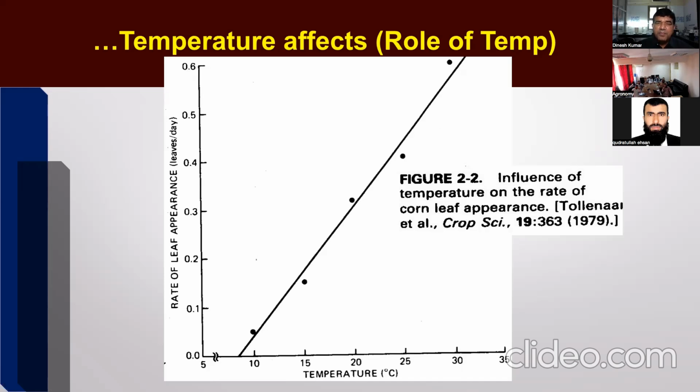So maize prefers relatively higher temperature. At lower temperature, leaf production is less. At 30 degrees centigrade, leaf production by corn or maize is higher, because maize is a tropical plant and higher temperature suits the maize plant better.